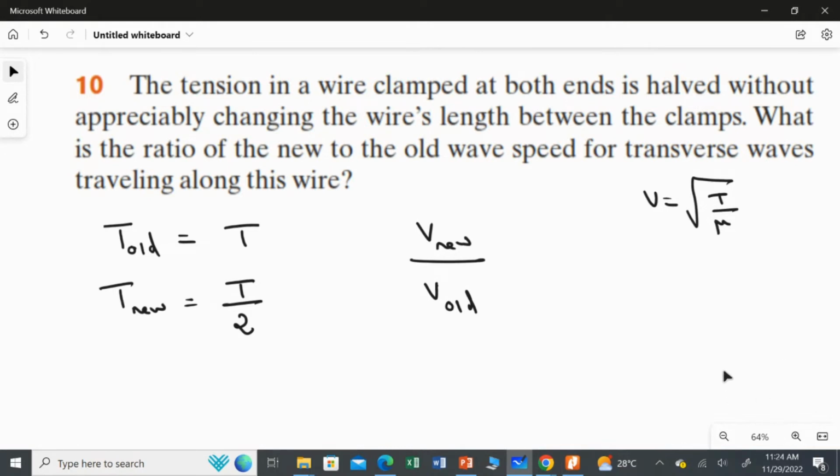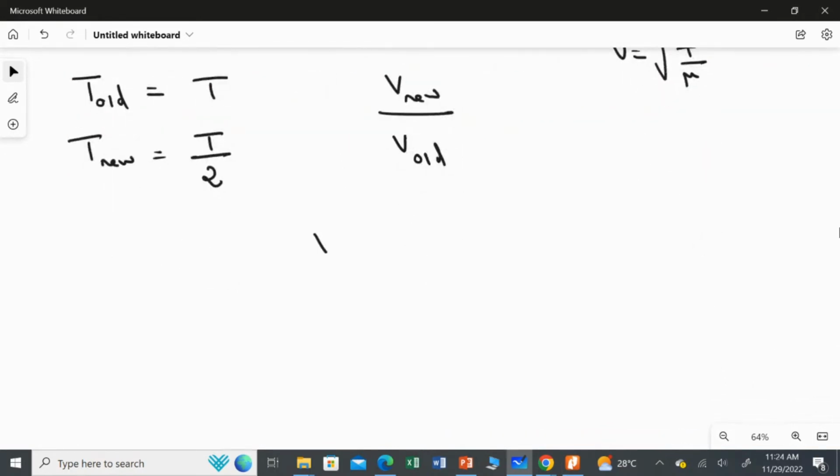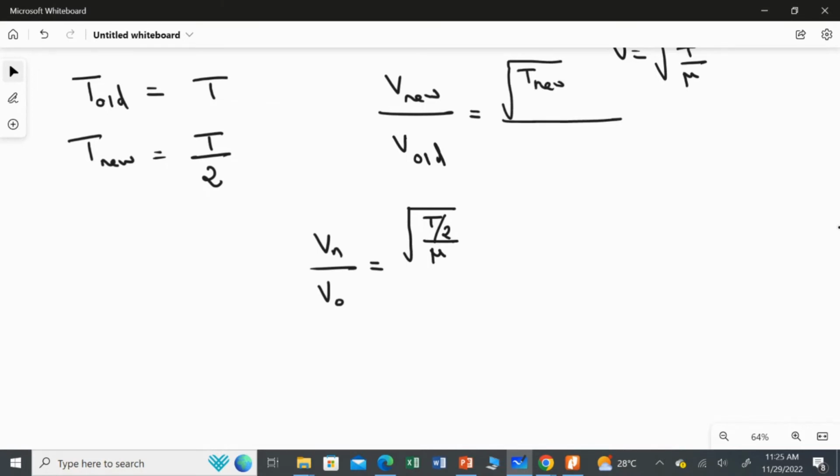So Vn stands for the new speed and Vo stands for the old speed, which is equal to the square root of T new over mu, over T old over mu.